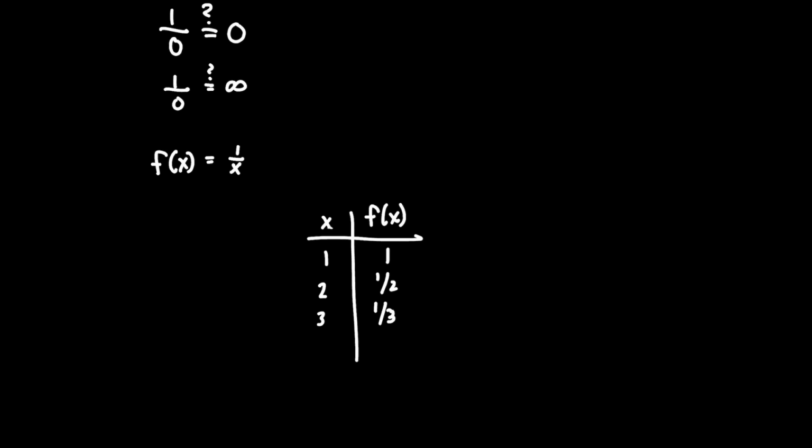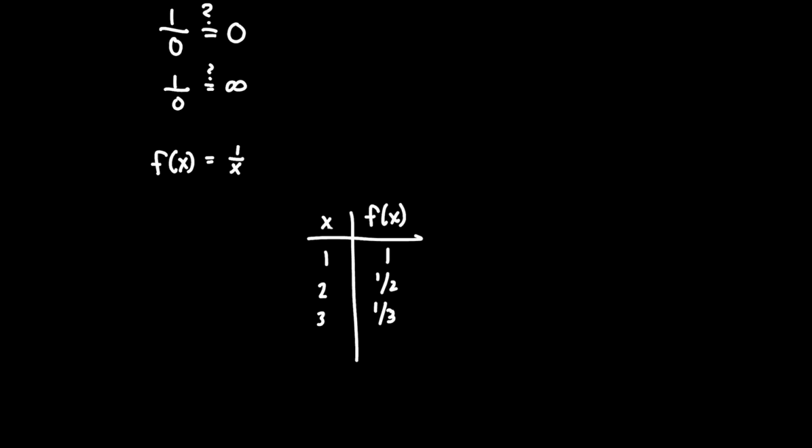For example, notice how, as our input gets smaller, our output gets bigger. So in this case, if we were to compare the input 2 to the input 3, notice how our output, 1/2, is actually bigger than 1/3, while in the input's case, 2 is less than 3.